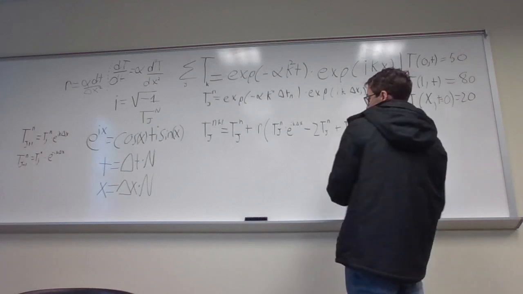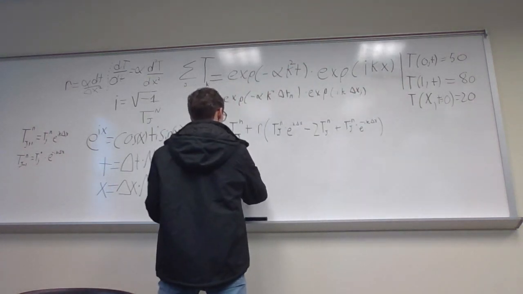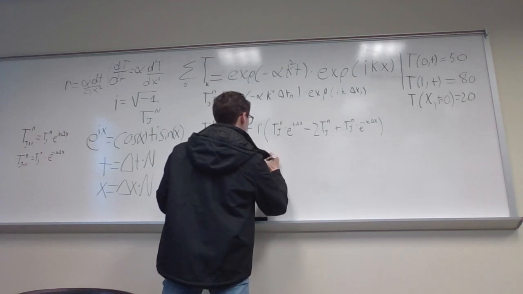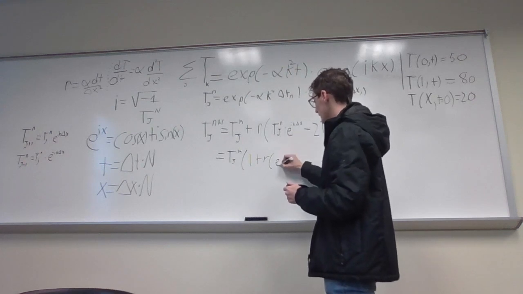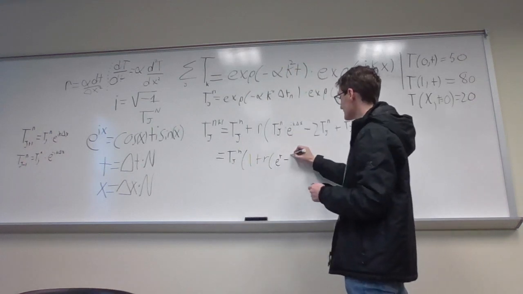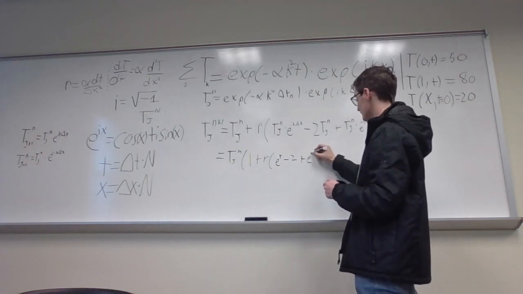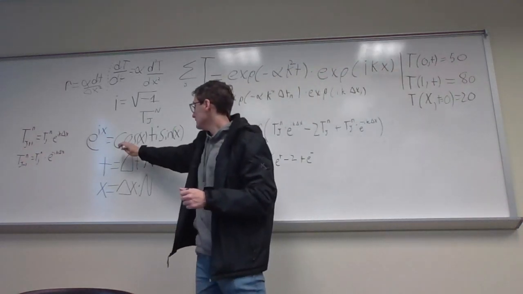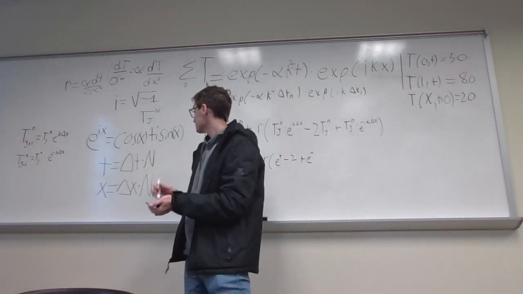So we're going to factor out a tjn, and we get this beautiful looking thing right here: tjn times 1 plus r times e to a positive, minus 2, plus e to a negative. So e to the ix equals cosine x plus i sine x.